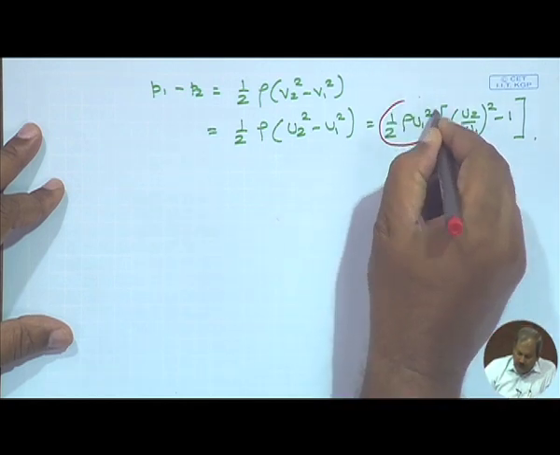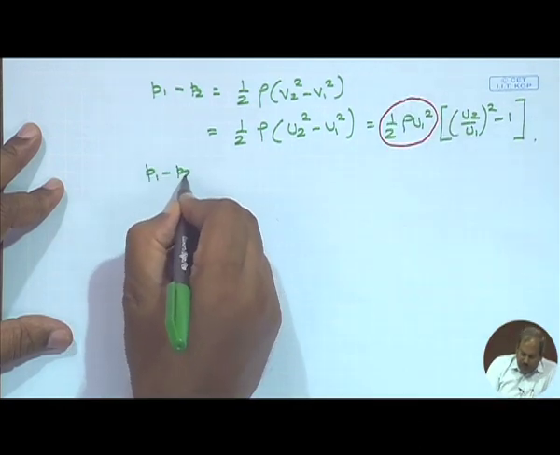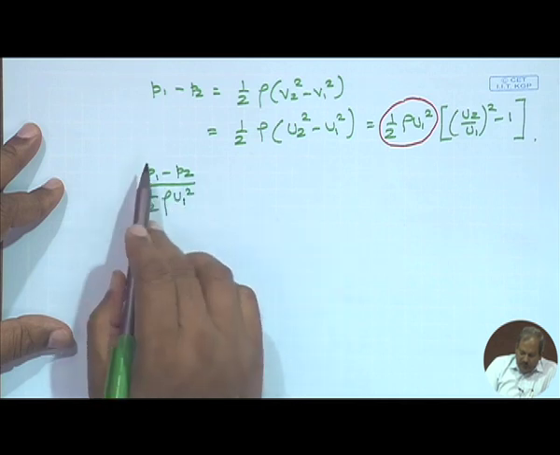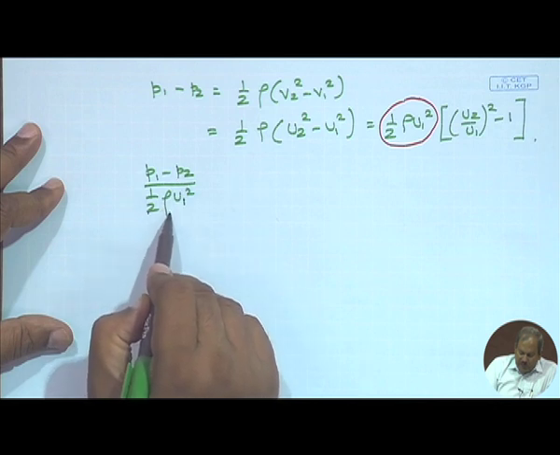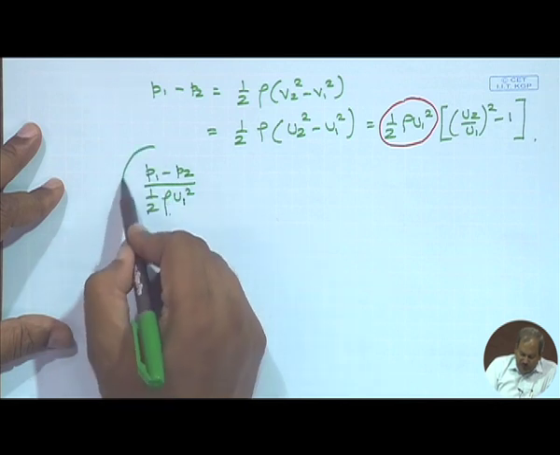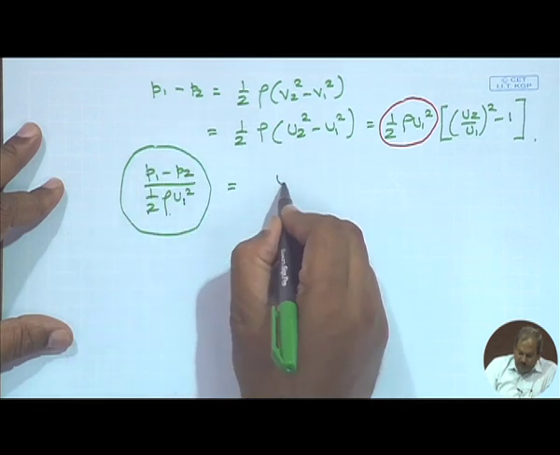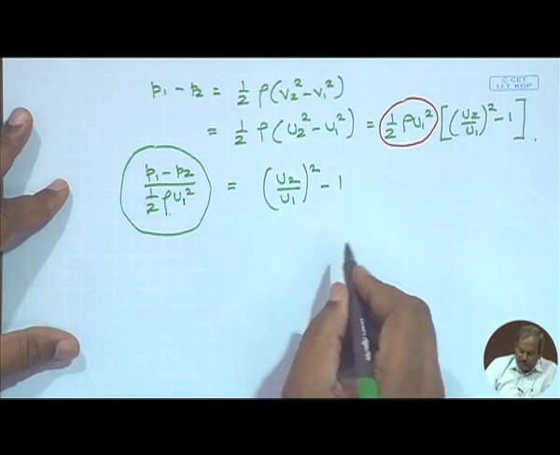and this is nothing but the dynamic pressure at 1, and therefore, P1 minus P2 by half rho U1 square, that is the difference in pressure as a fraction of the free stream dynamic pressure at 1. The quantity that needs to be calculated would simply be equal to U2 by U1 square minus 1.